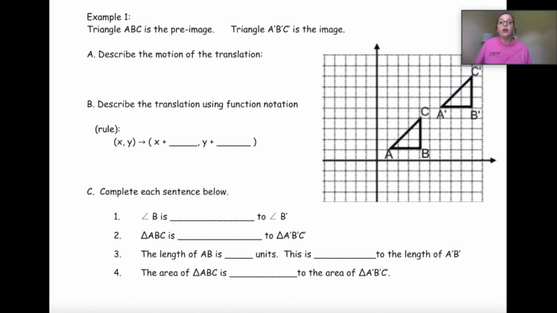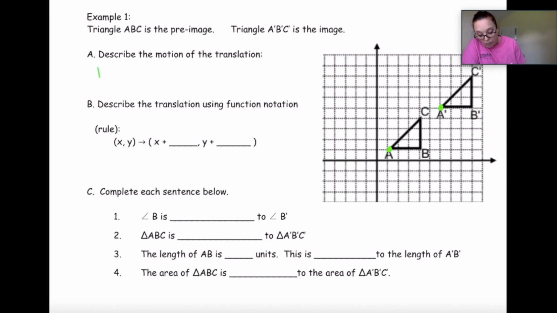So example 1, it says that triangle ABC is the pre-image and triangle A prime, B prime, C prime is the image. Describe the motion of the translation. So exactly how did that translation occur? So if you were starting at point A and you wanted to get to point A prime, you'd have to travel to the right and up.